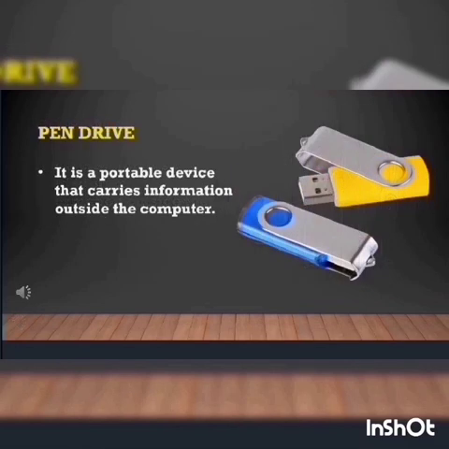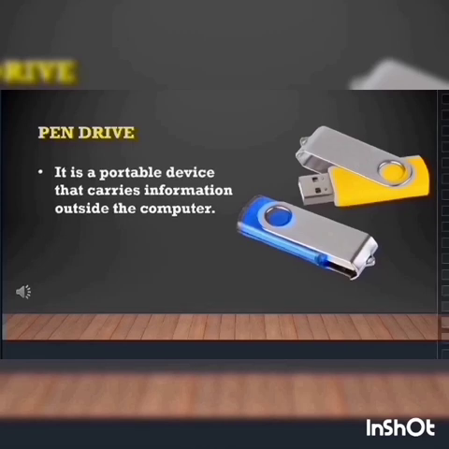Pen drive. It is a portable device that carries information outside the computer. If you want to take any information, picture, image, or audio video from your computer to somewhere, in that case you will use a pen drive.